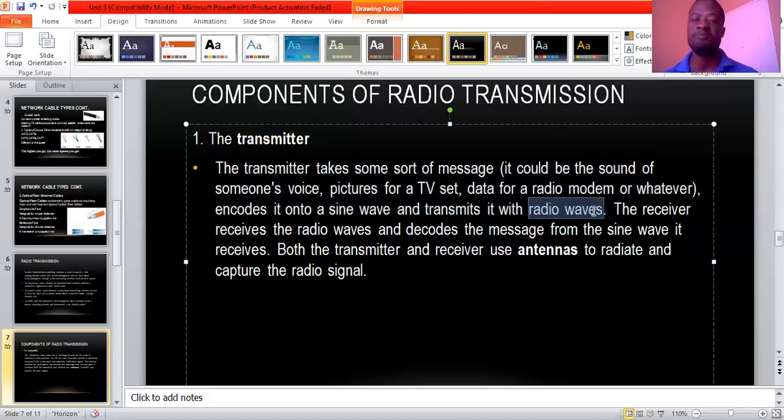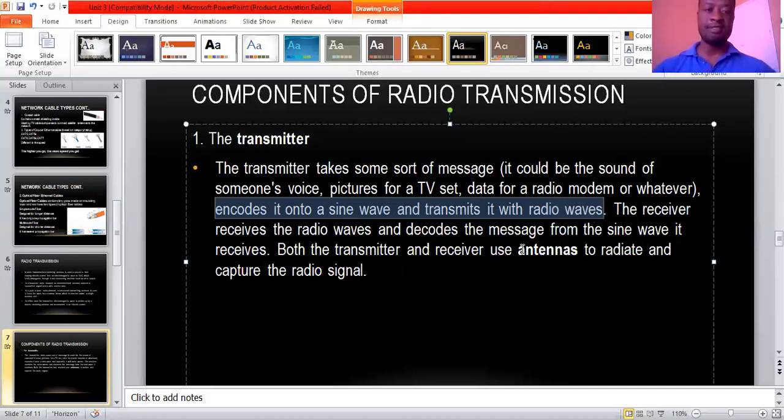Whether it is someone's voice, the picture, or the data for radio, all these are encoded into a sine wave and transmitted using radio waves.